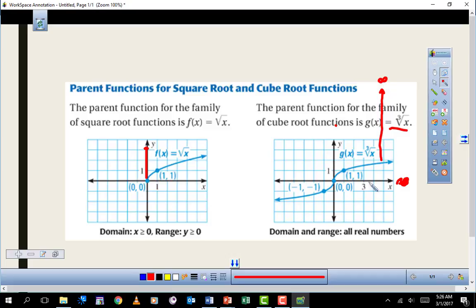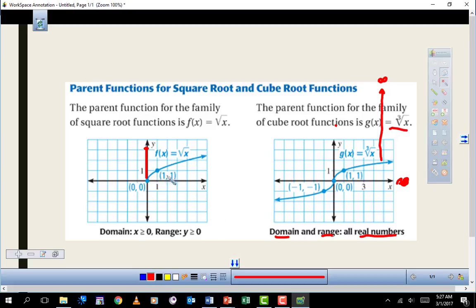It's just going out to infinity a whole lot faster this way than it is going up that way. So anyhow, the domain and the range for this one is all real numbers. So you could have negatives, you could have positives, you could have 0. Cube root of 0 is 0.